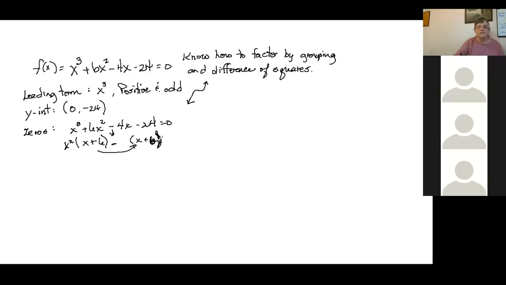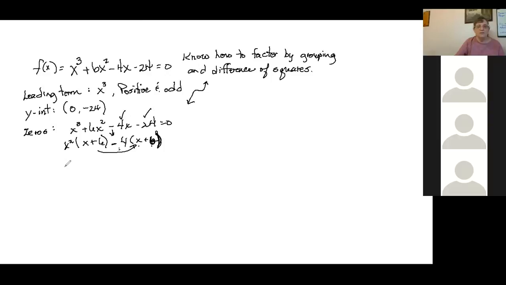These are parentheses. I'm going to need a 4 here so that this times this will give me the negative 4x. So I need to double check. Negative 4 times a positive 6 is negative 24. Okay, we're good.